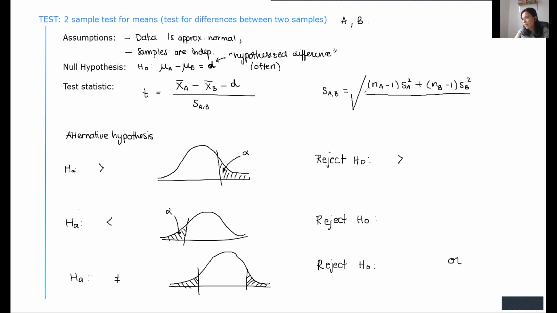The whole thing divided by NA, the sample size for the first sample, plus NB, the sample size for the second sample, minus 2. And then after computing this whole number, you're going to multiply this by 1 over the sample size for the first one, plus 1 over the sample size for B.